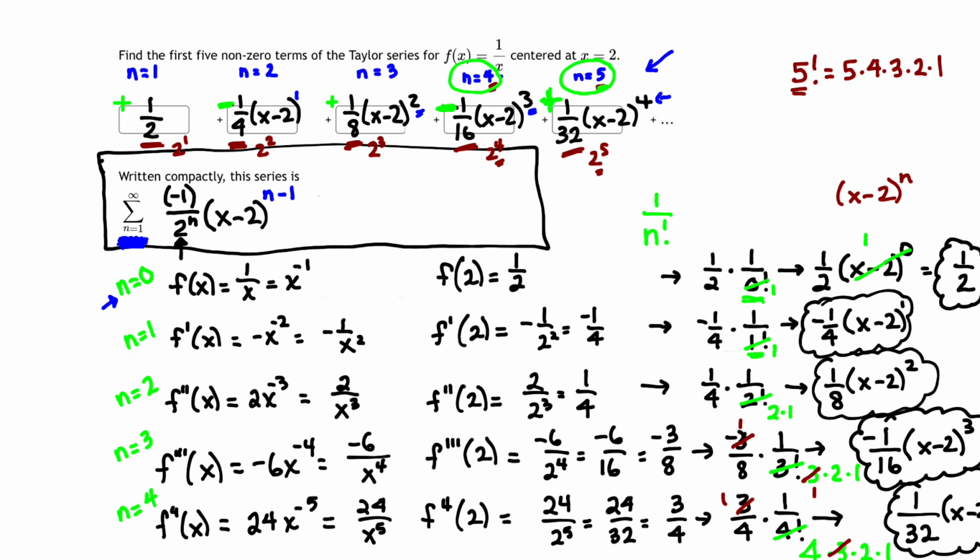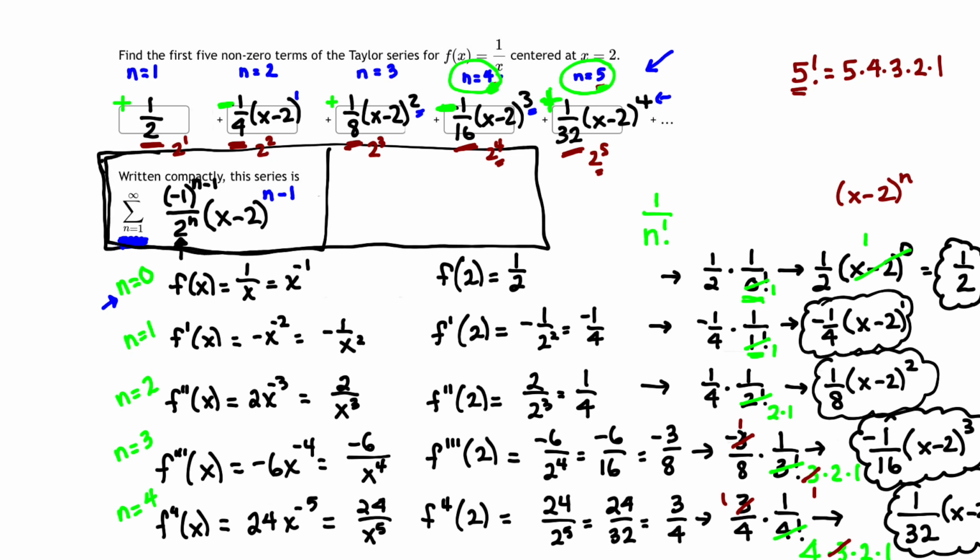But remember, in order to get the negatives, we actually have to have negative 1 being raised to an odd power. So negative 1 being raised directly to the 4th power is not going to work. We're going to need an n minus 1 here in front. And so it looks to me like we could write our compact series using this formula right here.